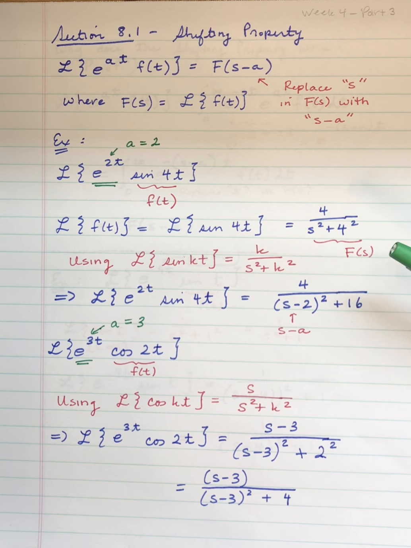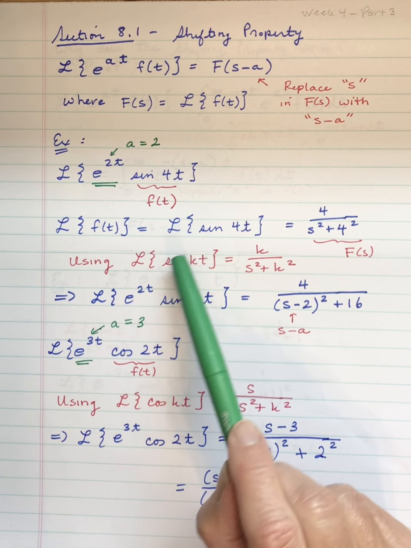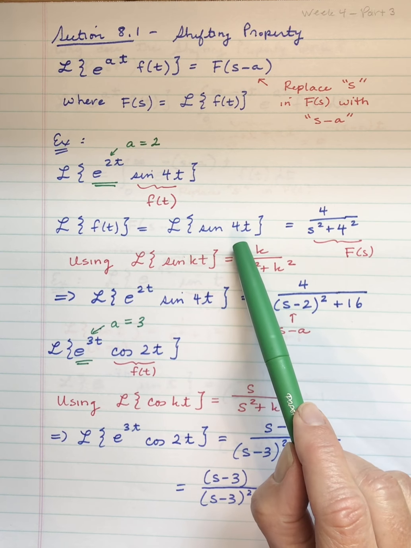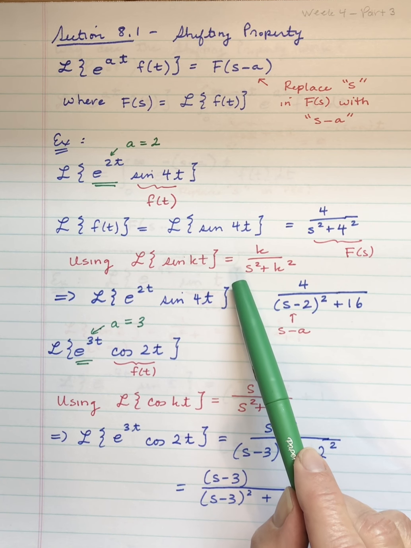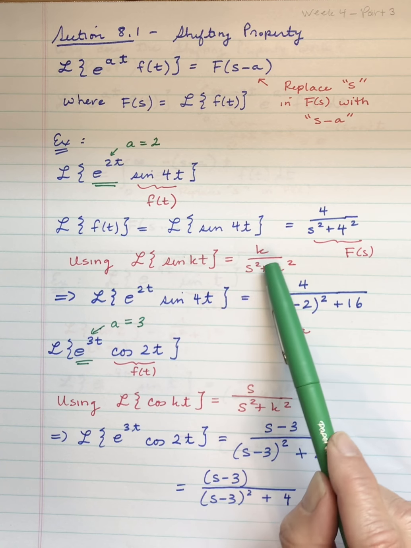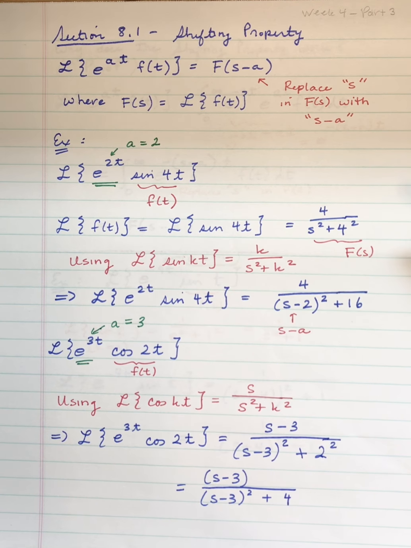So what does this tell us? Well, let's look at the Laplace transform of little f of t, the sine of 4t. Our formulas tell us that the Laplace transform of the sine of kt is k over s squared plus k squared. So the Laplace transform of the sine of 4t is 4 over s squared plus 4 squared.